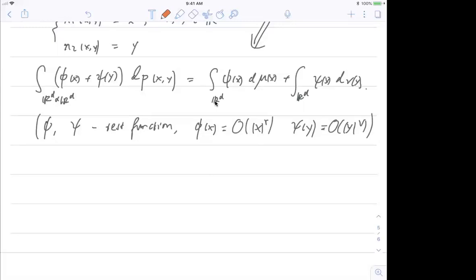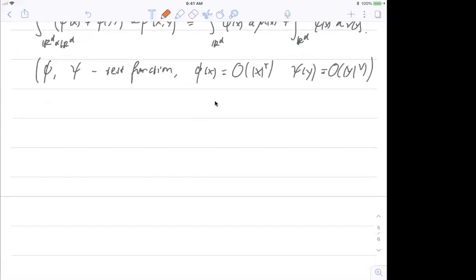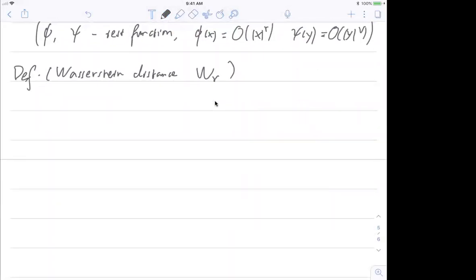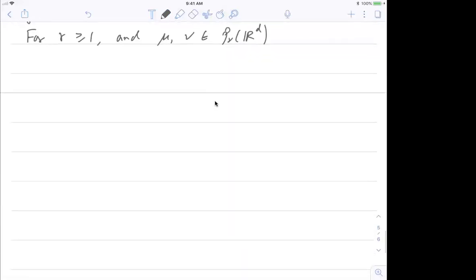Then we can define the Wasserstein distance, which I write as W_r, where r is bigger than or equal to 1, for two measures.